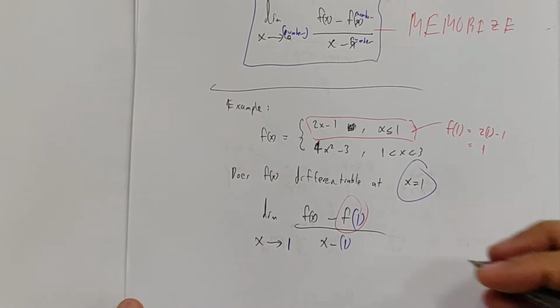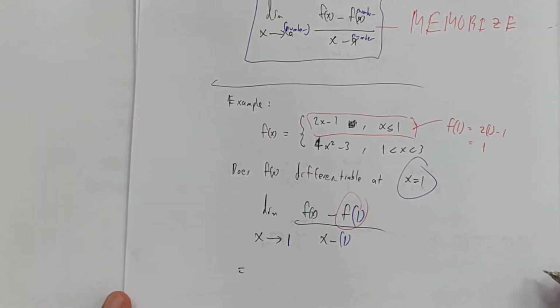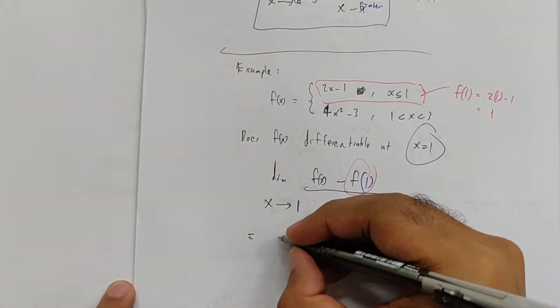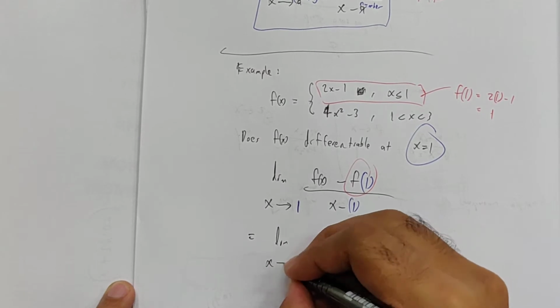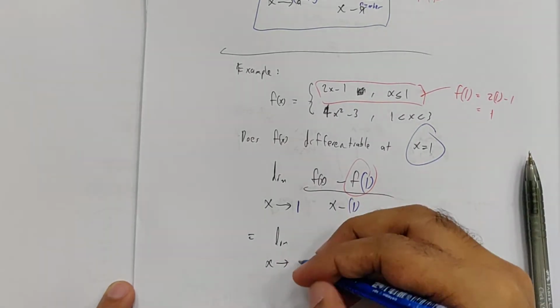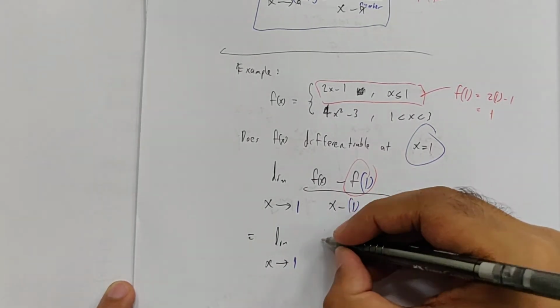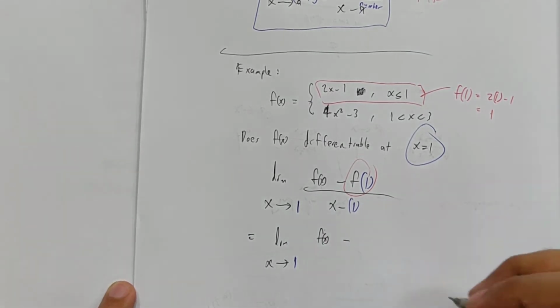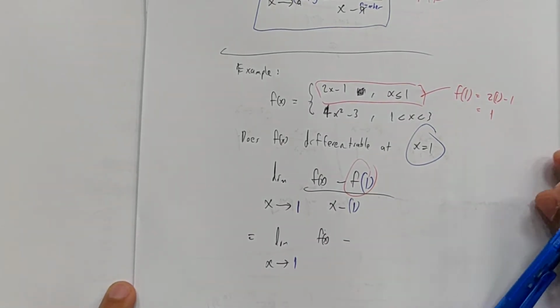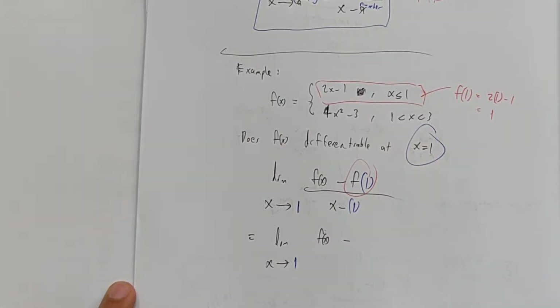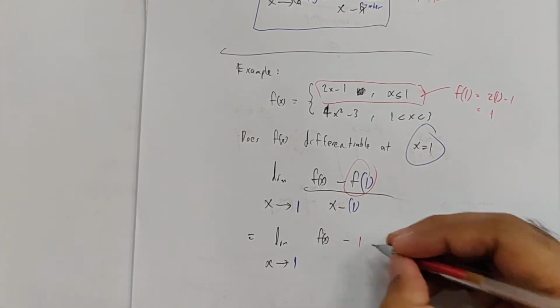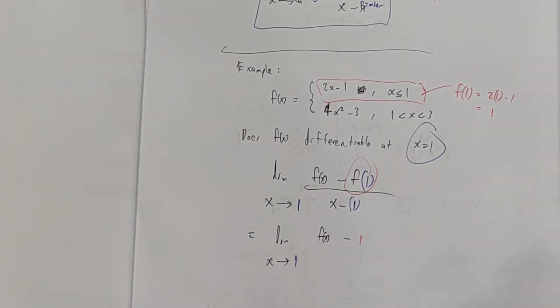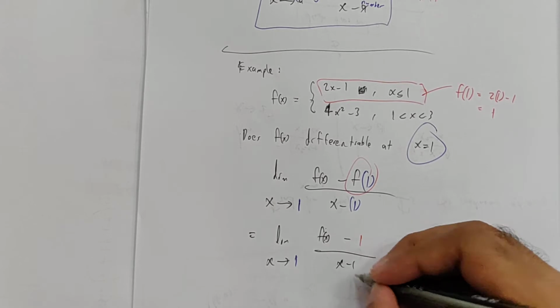So right now we can retranslate this formula into limit x approaching 1 of f(x) minus 1, over, at the bottom, just simply x minus 1.